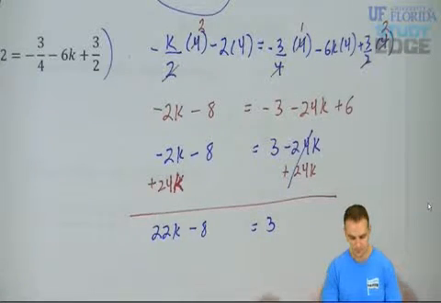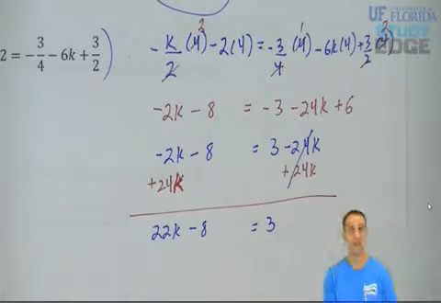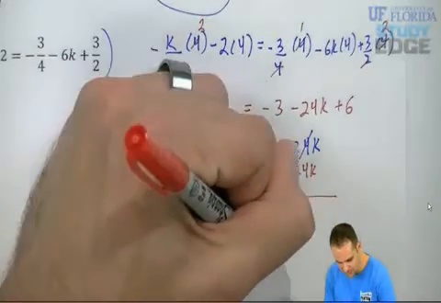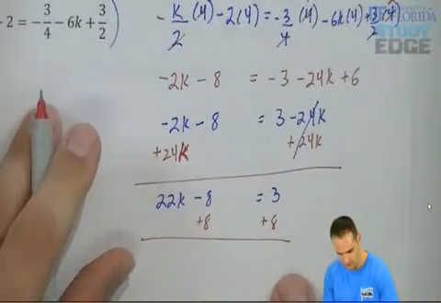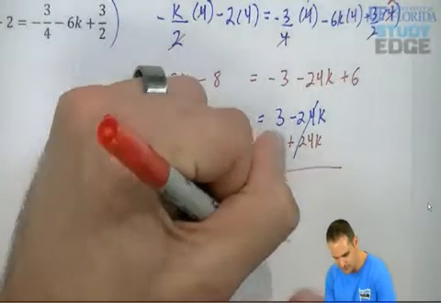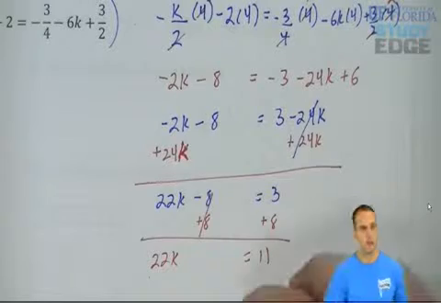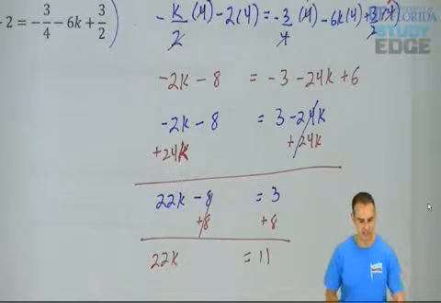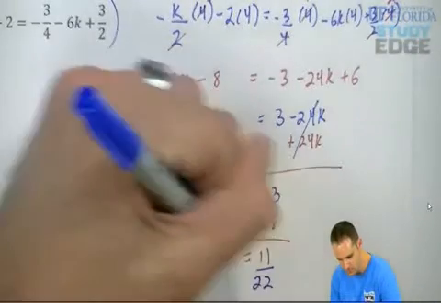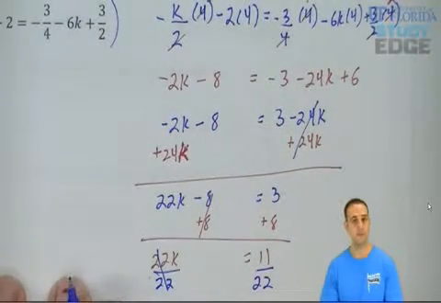Those cancel. I move my variables to one side, I move my numbers to the other. Now I'll go ahead and add 8 to both sides. 22k, the 8's cancel, equals 11. And what do I divide both sides by? I divide them by 22. And k equals 11 over 22.